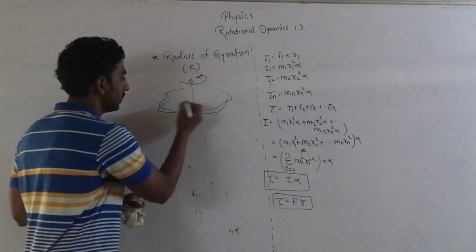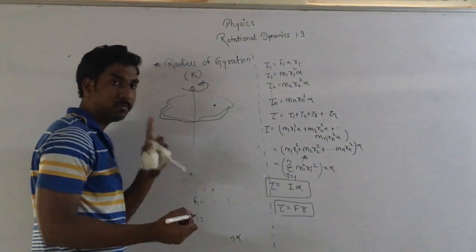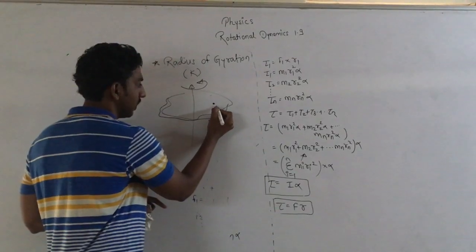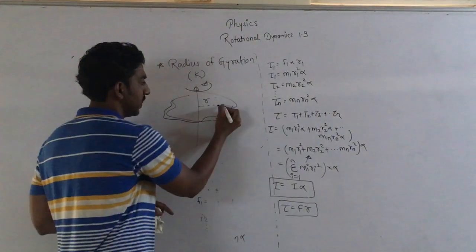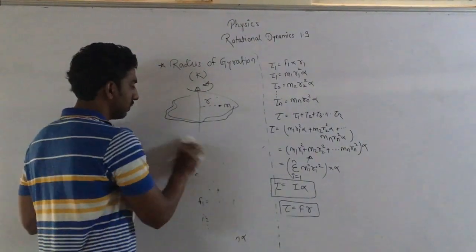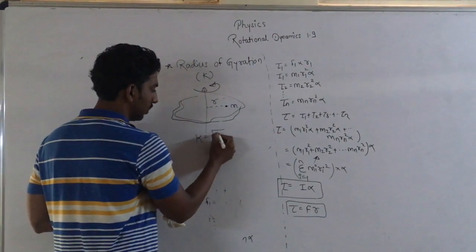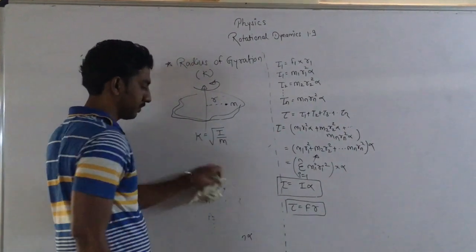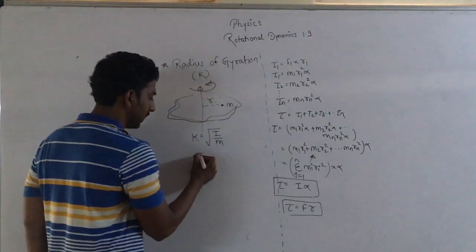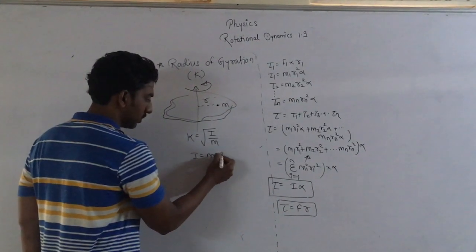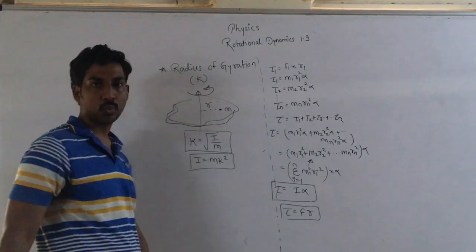Same case here: suppose the total mass of the body has one point where it is concentrated, at some distance r. Its formula is k is equal to under root I upon m. If you square both sides, you can also write it as I is equal to m k square. Whichever formula you keep in your mind is up to you.